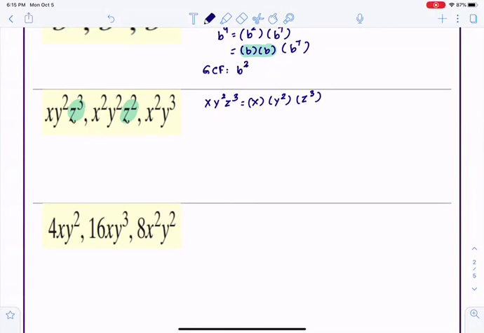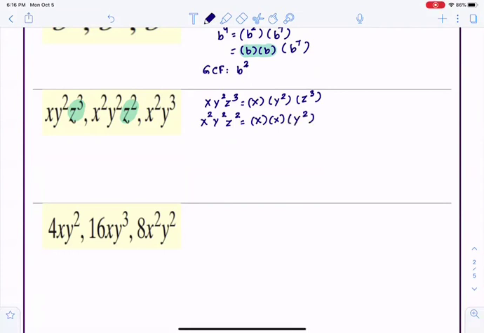Now, moving on to the second term, x squared, y squared, z squared. X squared has a higher exponent compared to x, so I would simply write it as x times x. The exponent of y squared here and in the previous term are one and the same, so I'm going to leave it as is.